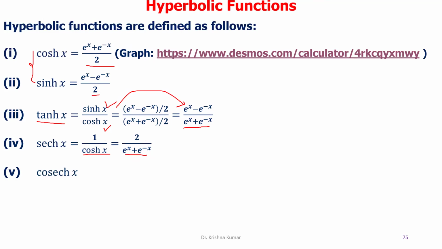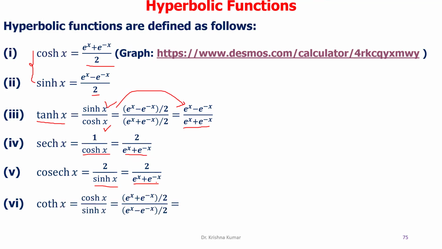And cosec hyperbolic x is equal to 1 upon sine hyperbolic x, which is equal to 2 upon e to the power x minus e to the power minus x. And finally, we have cot hyperbolic x, which is cos hyperbolic x upon sine hyperbolic x, which gives us e to the power x plus e to the power minus x upon e to the power x minus e to the power minus x.